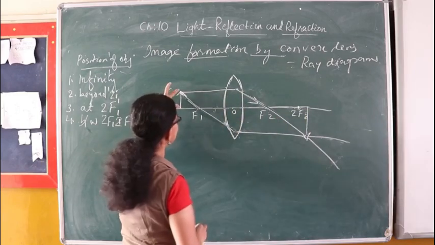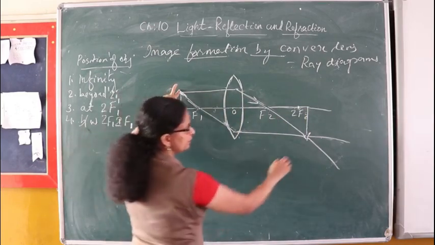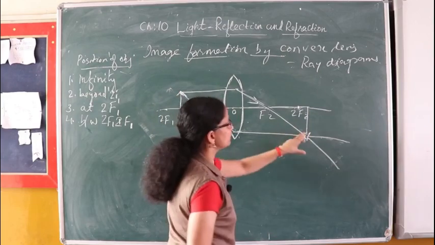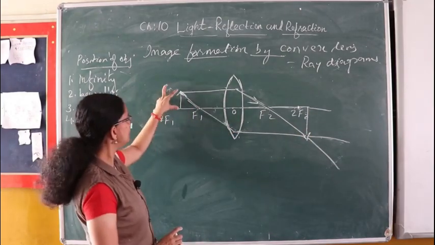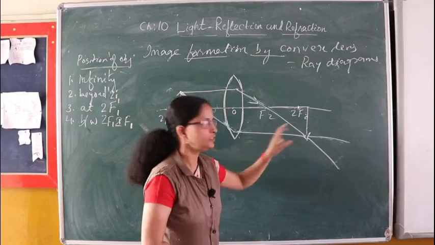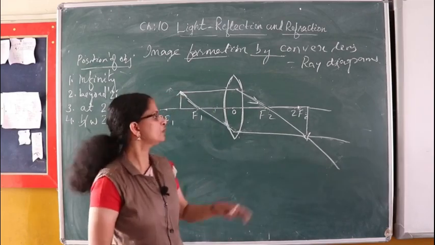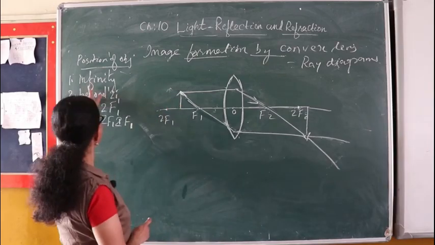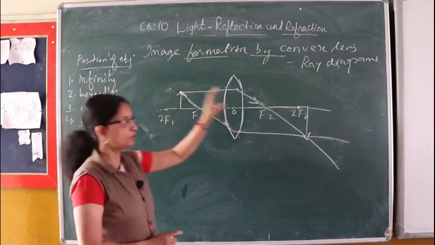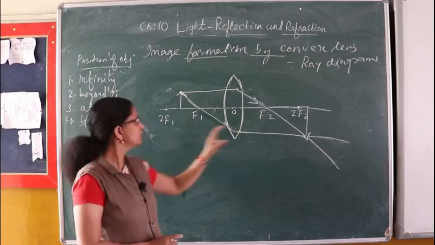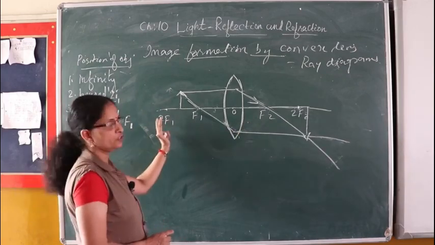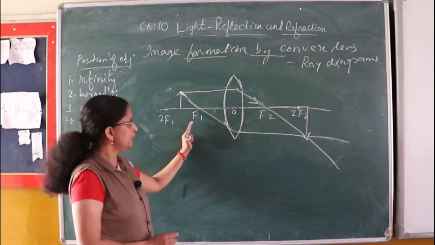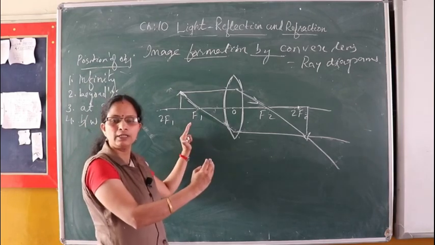And the size, if we compare the object and the image, is enlarged. Compared to the object, the size of the image is bigger. So we call this an enlarged image. At first, at infinity, we got a point-sized image. Then beyond 2f1, when the object approaches near the lens, we got a little bigger image, that is diminished.